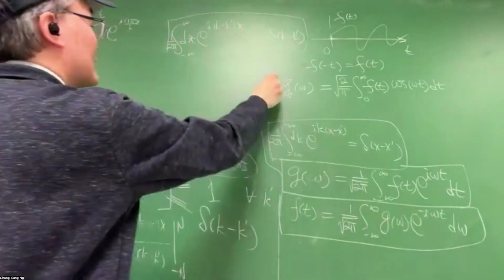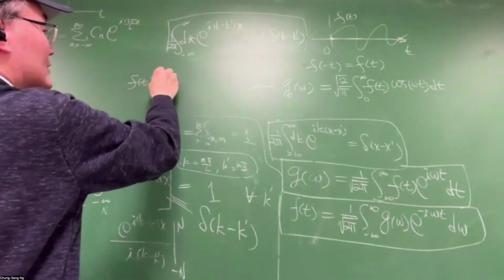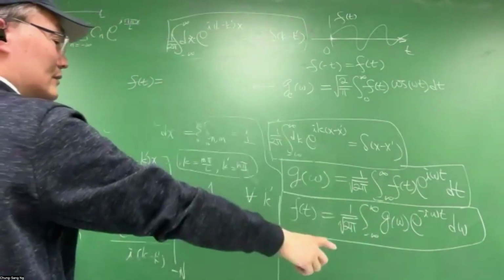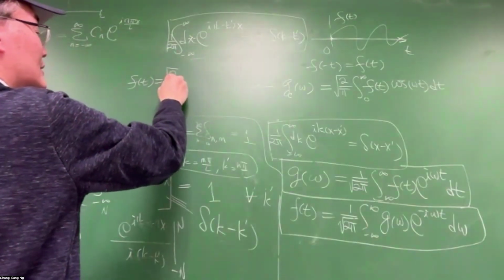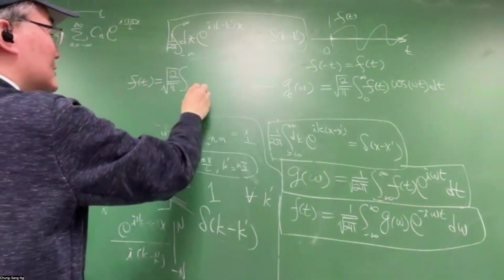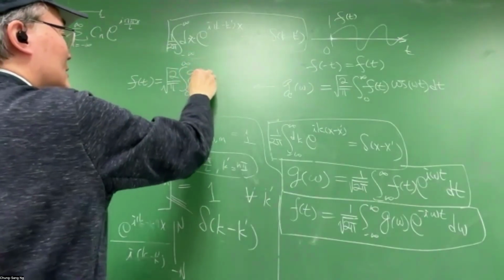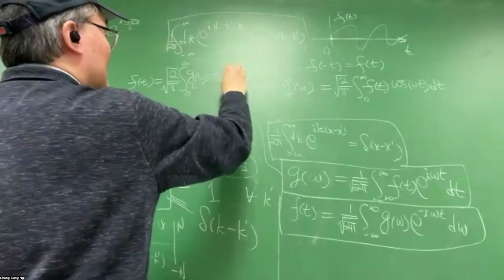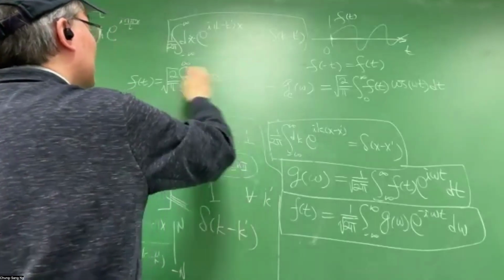So f of t for this case, the inverse transform, is likewise: we integrate just half of that, so it becomes 2 over pi. Integrate now from 0 to infinity of G sub c omega when you pick up the cosine omega t, d omega.